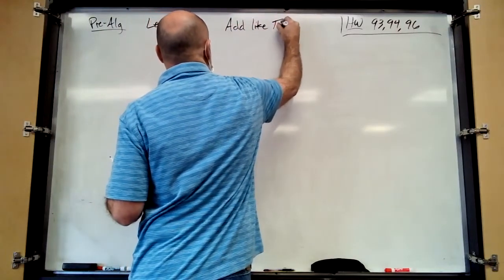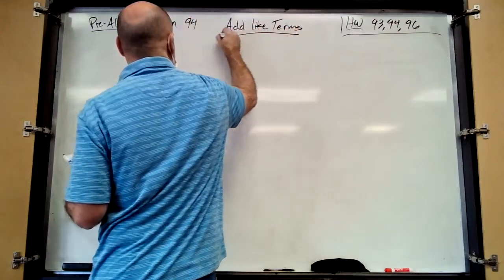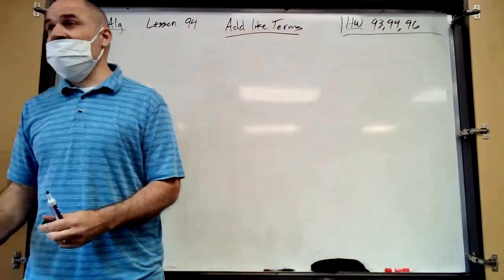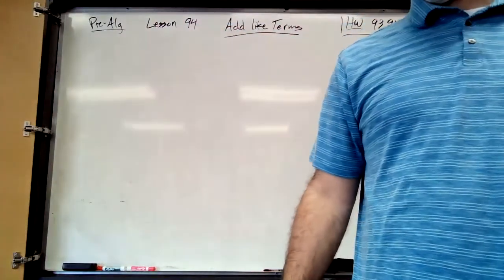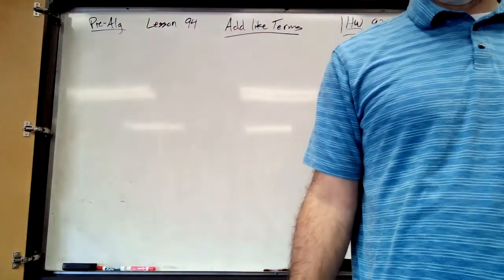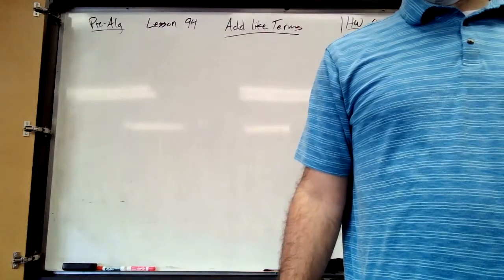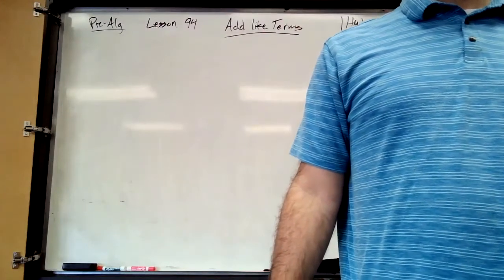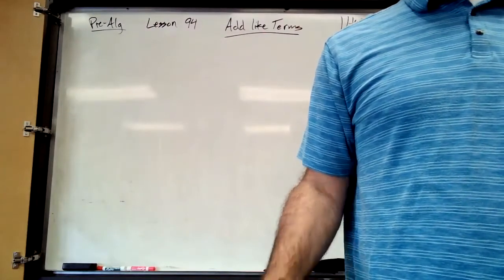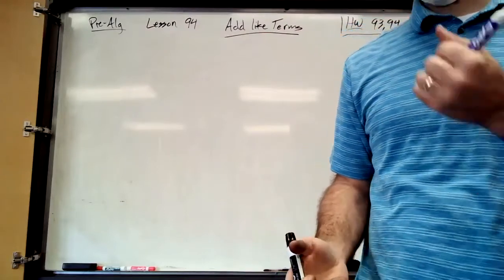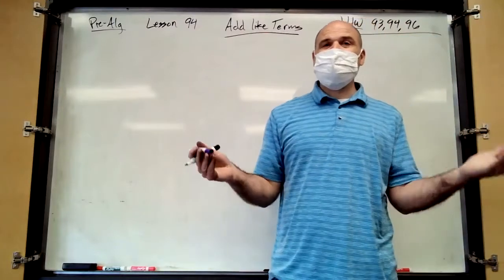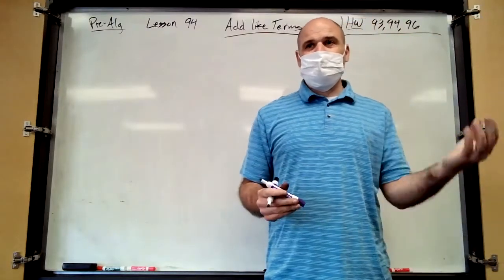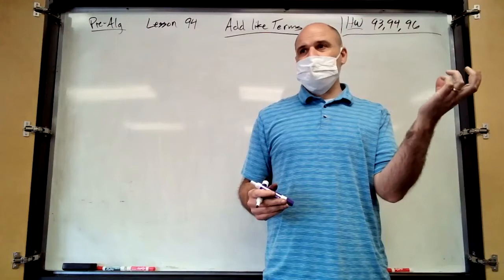So remember, when you add and subtract in math, you have to be picky. Remember adding fractions? What do you need to add fractions? You have to find a common denominator. Yeah, so you can only add the same kind of fractions. Well, that's true for any kind of math. You can only add the same kind of money. You can only add quarters with other quarters.